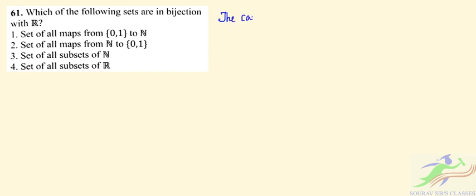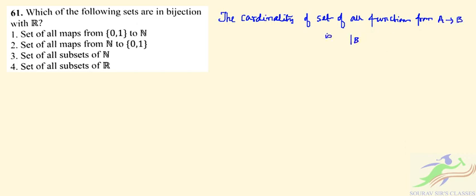So the cardinality of the set of all functions from A mapping to B is mod B to the power mod A. So we already have that mod of N is equal to nothing but aleph-naught, and mod of R is equal to C, the continuum.